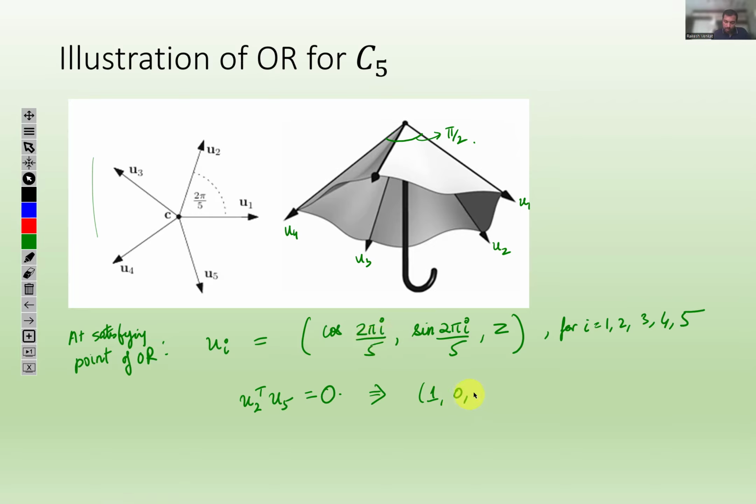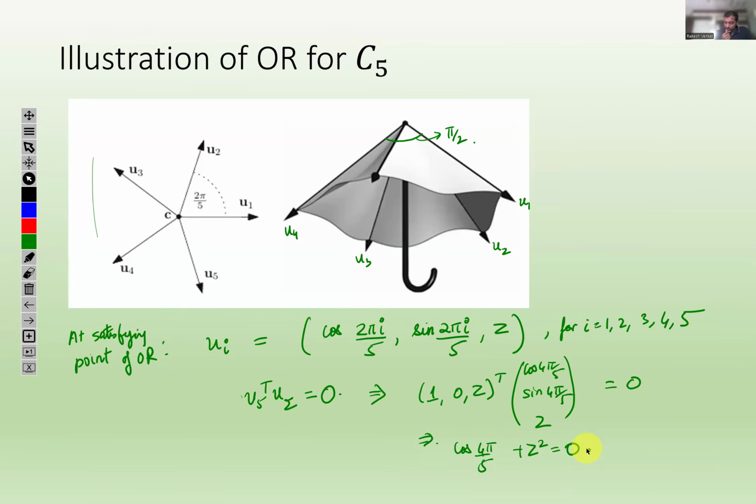So that becomes just 1, 0, z, times u5 transpose. So if you simplify this, you'll get an equation cos 4 pi by 5 plus, etc. This is just typical working out. Right, so you get a value of z.